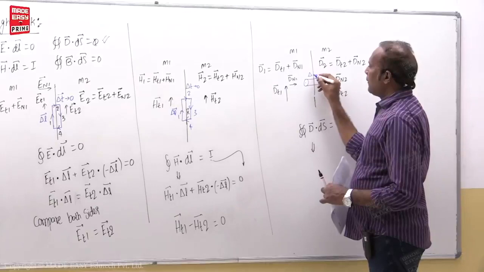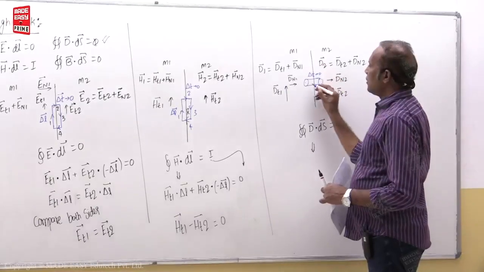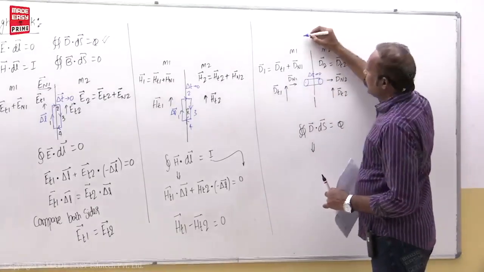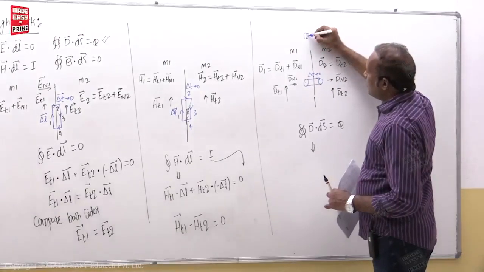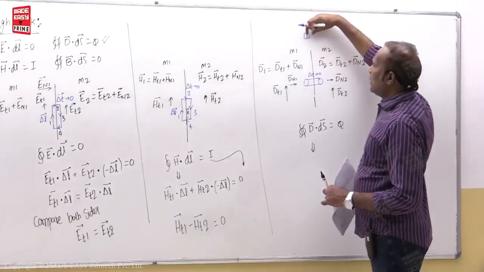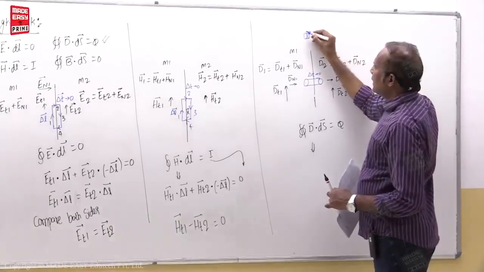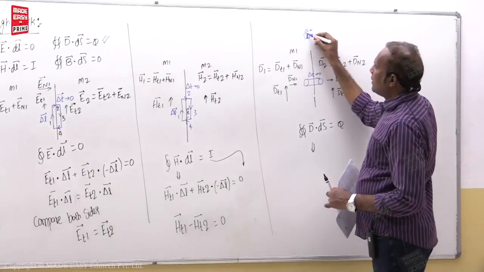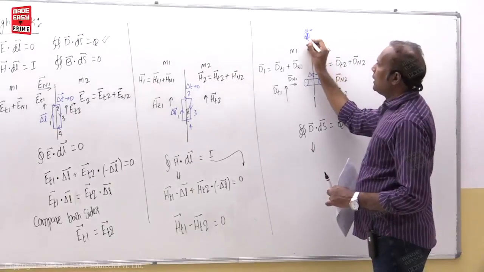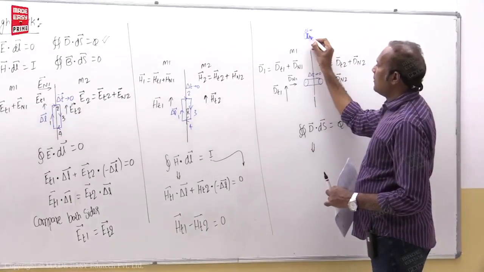But according to the definition, delta t tends to 0. So this cylinder looks like this, very close. So delta t tends to 0, then the cylindrical surface becomes negligible. Only this side surface and this side surface will be there.